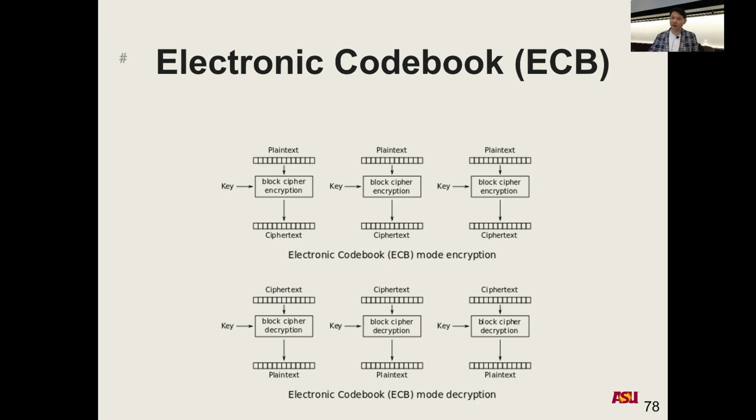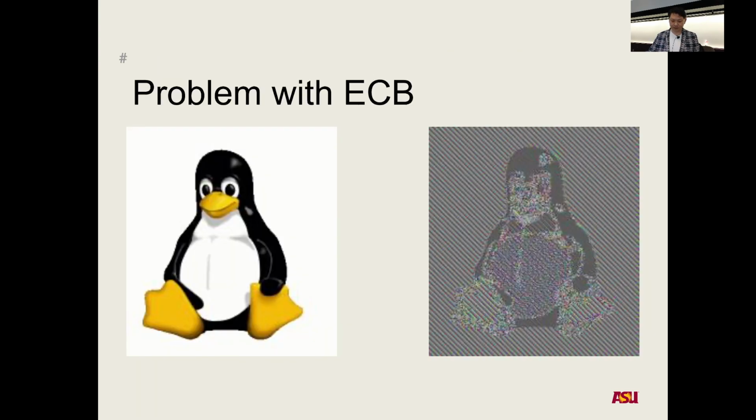So an attacker can identify the pattern and reveal some privacy information. This is a good example of how ECB mode can reveal private information. So this is the plain text data pattern in the ciphertext. So it can be seen ECB mode is not secure, right?